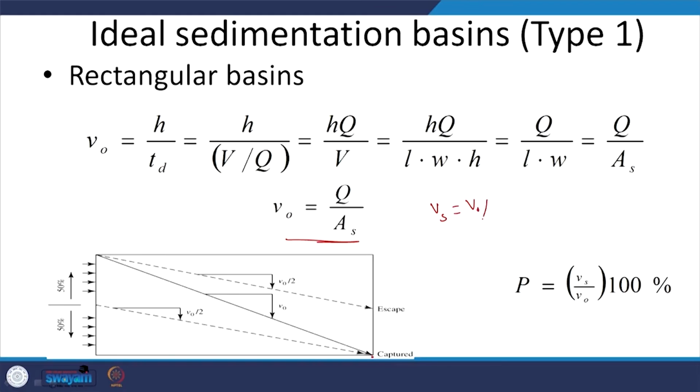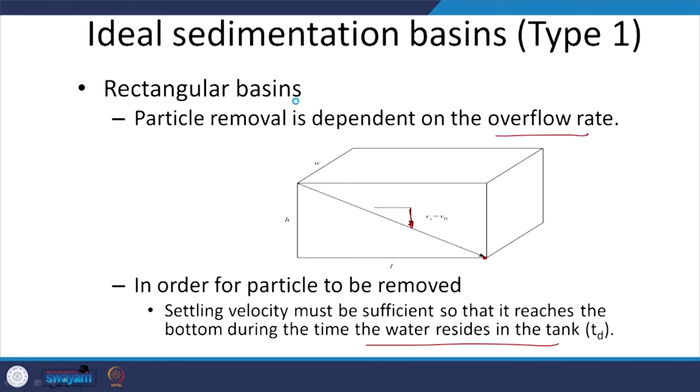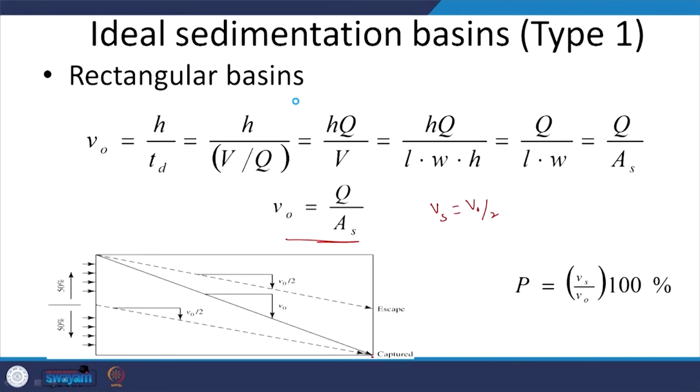And if the settling velocity is such that Vs equals V naught by 2, I guess that is what I corrected earlier. So, I should have written it the other way then. This is for the case where we were talking about h and h by 2, where the settling velocity is relatively lesser. Earlier we looked at Vs equal to V naught, and now we are saying Vs equal to V naught by 2.